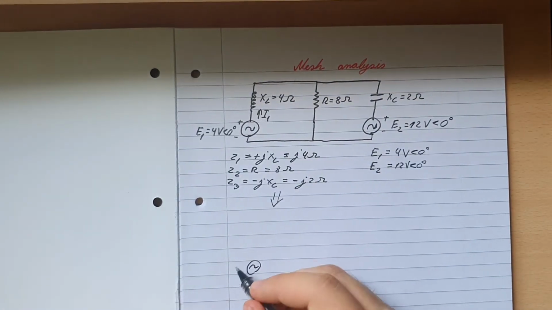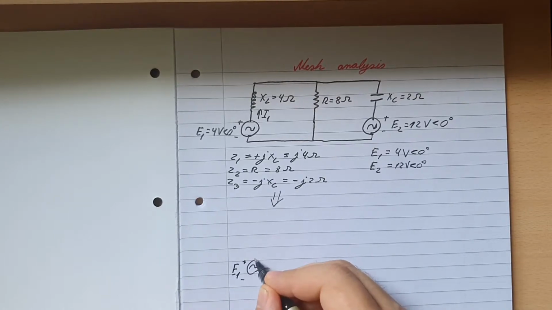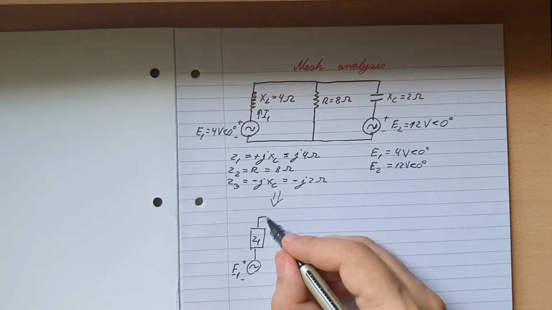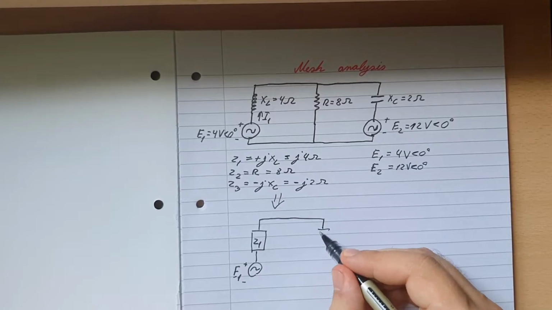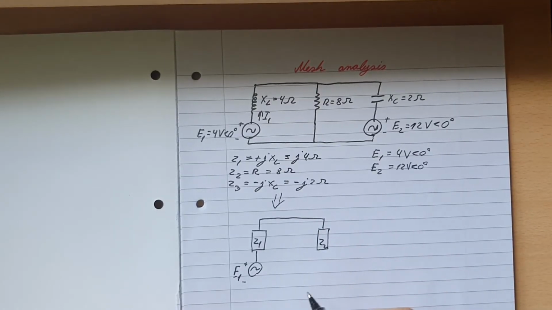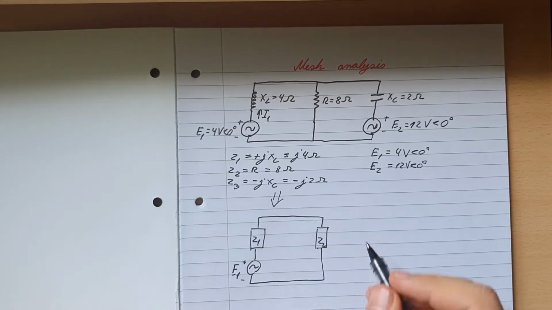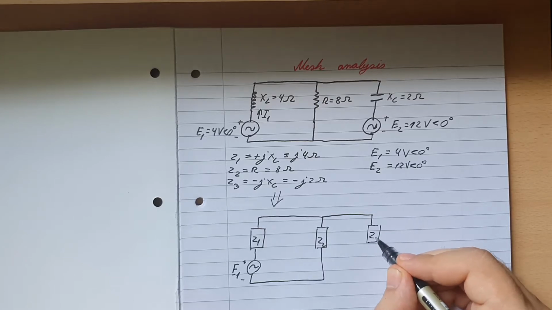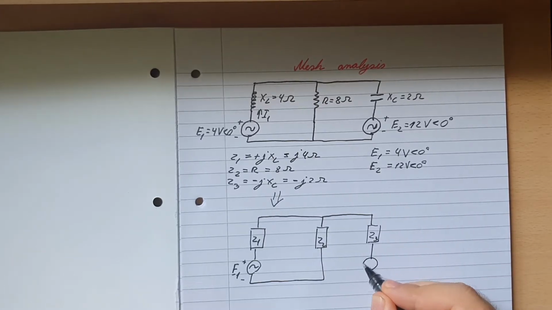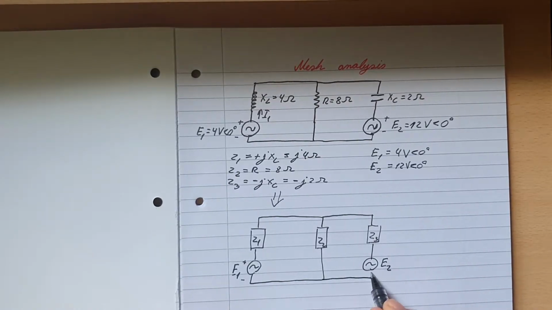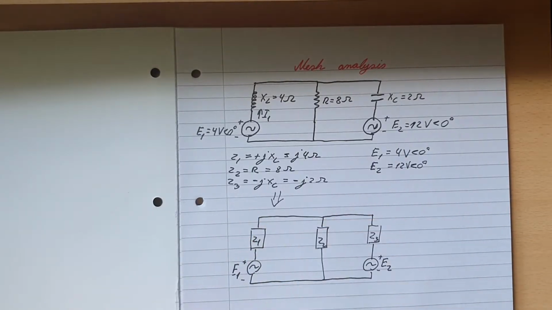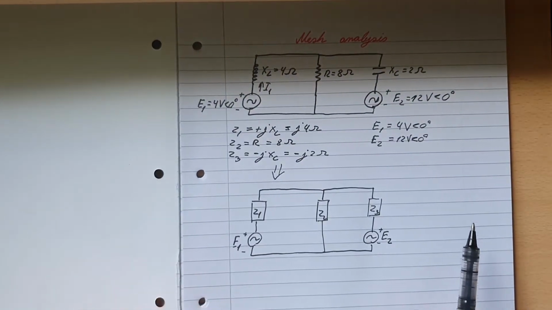So this is the first source, E1 plus minus, then this is the rectangle Z1, then there's the other rectangle Z2, and then there's the third rectangle Z3, and here is the second voltage source, E2, and both sources are positive here and here, as you see. Okay, and yeah, that's it.